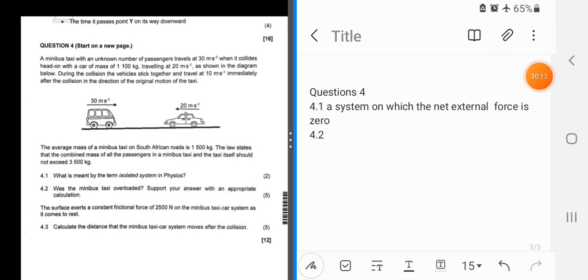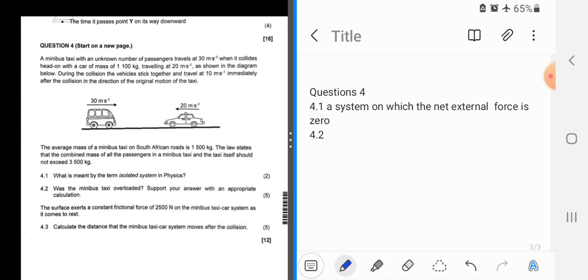Here it says the average mass of a minibus taxi on South African roads is 1,500, and the law states that the combined mass of all the passengers in a minibus taxi and the taxi itself should not exceed 3,500. So no, it wasn't, because the total mass is less. It's 5 marks, so we have to support it with calculations. We can't just say that.